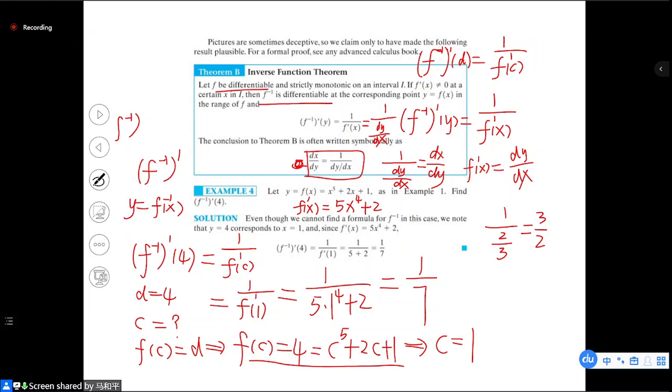I explained this equation has a higher power.